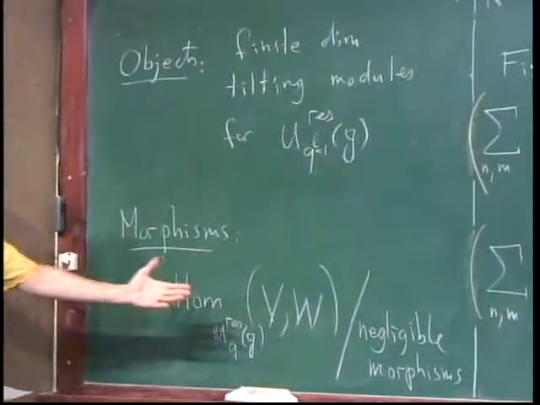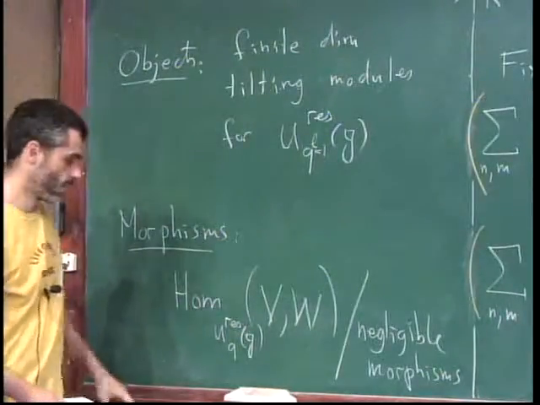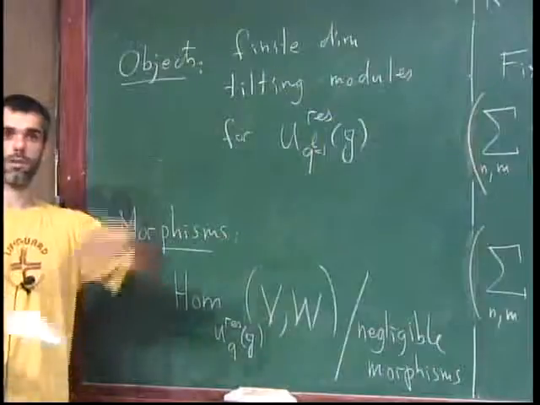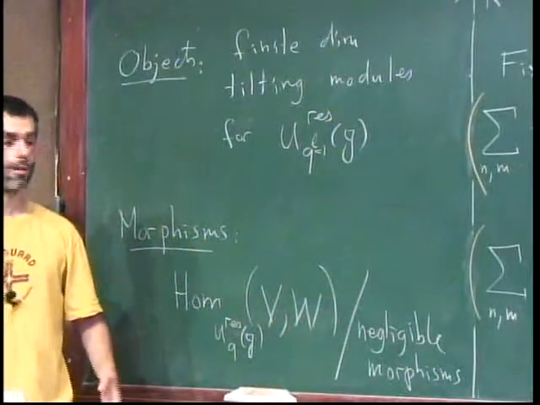So there's some things that need to be checked to see that this is a category. I mean, you can't just, in principle, take a category and do an arbitrary quotient and expect to have a category.